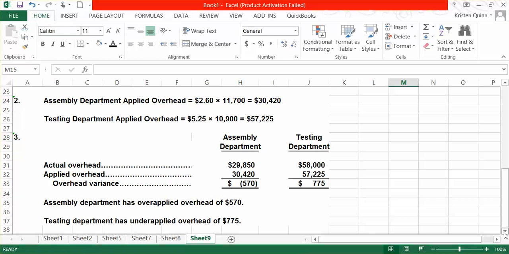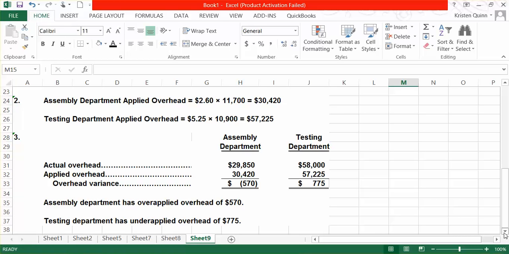We then use the applied overhead amounts that we calculated in part 2 to determine whether we are over-applied or under-applied in each department. For the assembly department, we are in fact over-applied. The amount of applied overhead exceeds how much we actually had in expenses during the month. For the testing department, we are under-applied. We applied less than what our actual costs were.